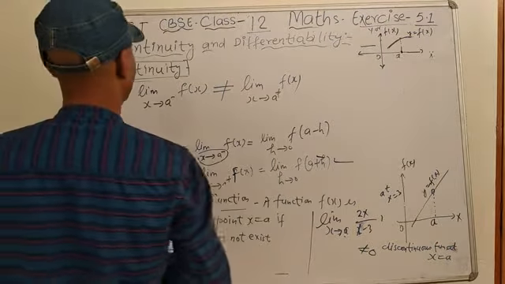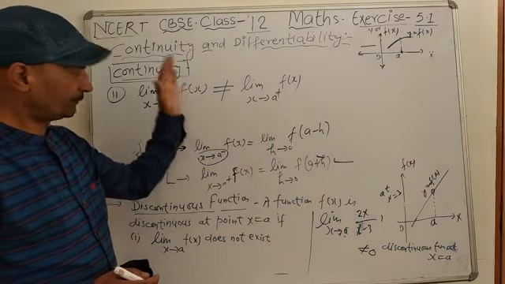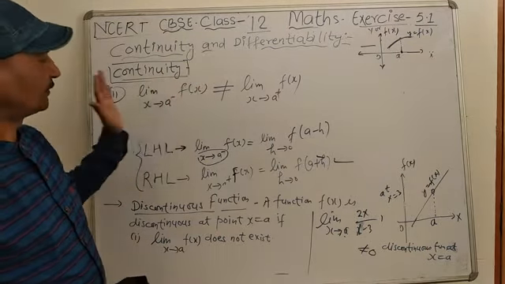In this case also, the left hand limit and right hand limit are not equal, they are different. In that case we can say the function is discontinuous.